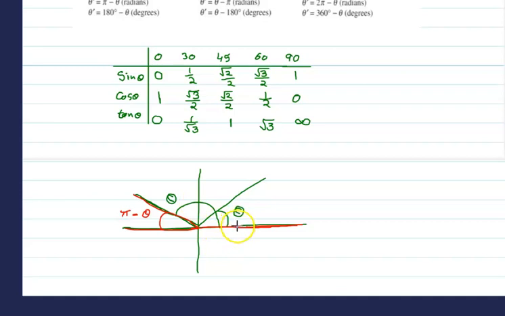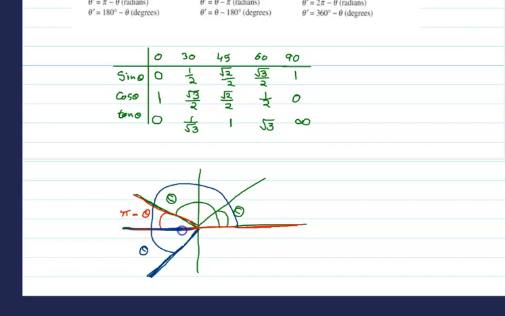If the angle lies in the third quadrant, for example, this angle lies in the third quadrant, this is angle theta. What would be its reference angle? Again we use the definition. Reference angle is the acute angle that lies between the terminal side and the horizontal x-axis.